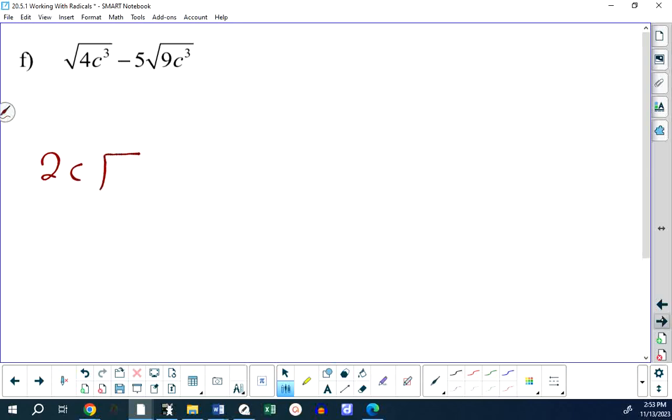1. So this is a number of root c's, or a number of c root c's, depending on how you look at it. We have minus 5. Can this 9 make an exit out of the square root? Sure, it becomes 3. Can we extract any c's? Yeah, we have c cubed, so in there is a c squared, which becomes a single c on the outside, and root c.